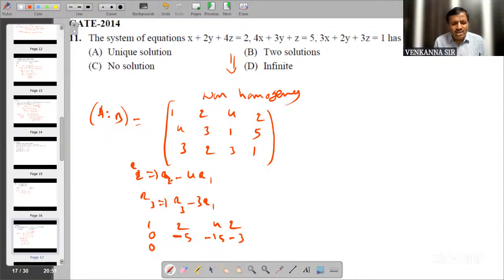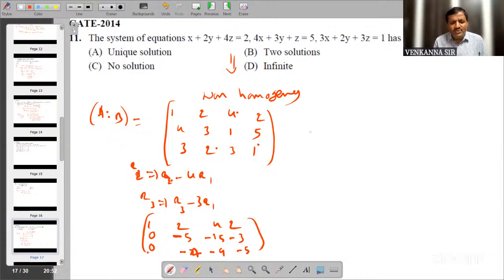The next is R3 minus 3R1: 2 minus 6 is minus 4, 3 minus 12 is minus 9, and 1 minus 6 is minus 5.